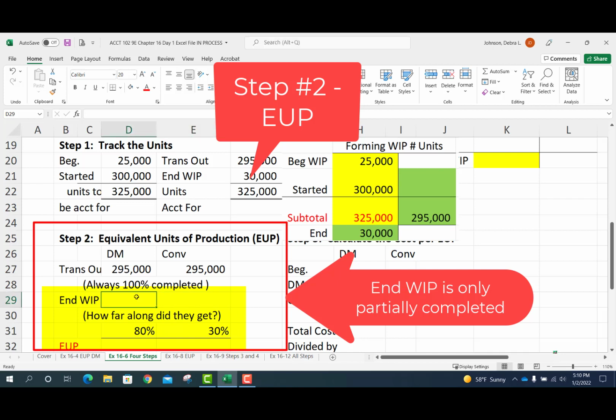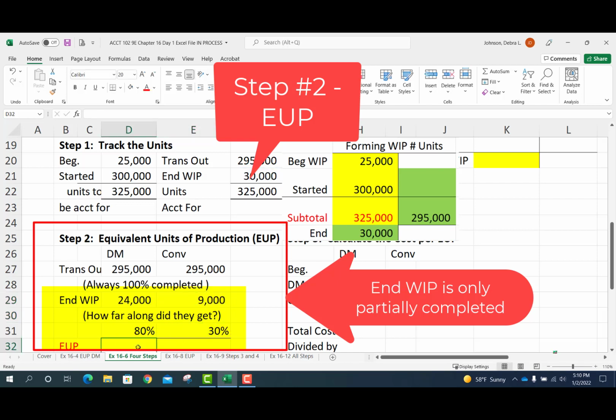So let's go ahead and do the math by taking the 30,000 still hanging around in ending WIP times the 80% for materials. That equated to the equivalent of 24,000 units. And let's take that same 30,000 units times 30% for the conversion.